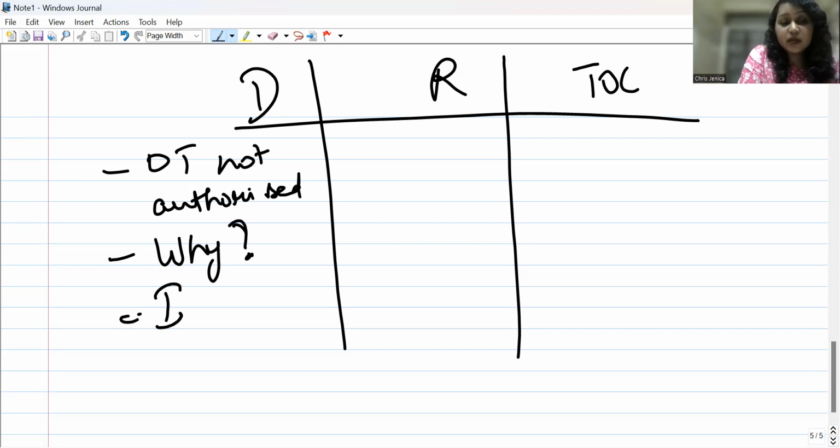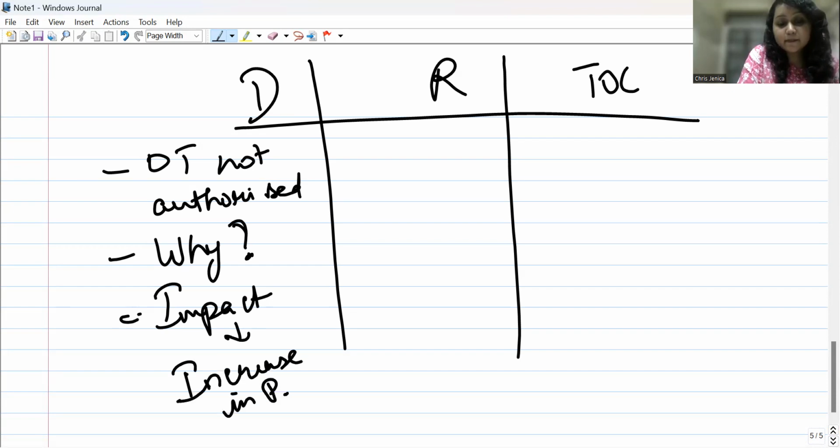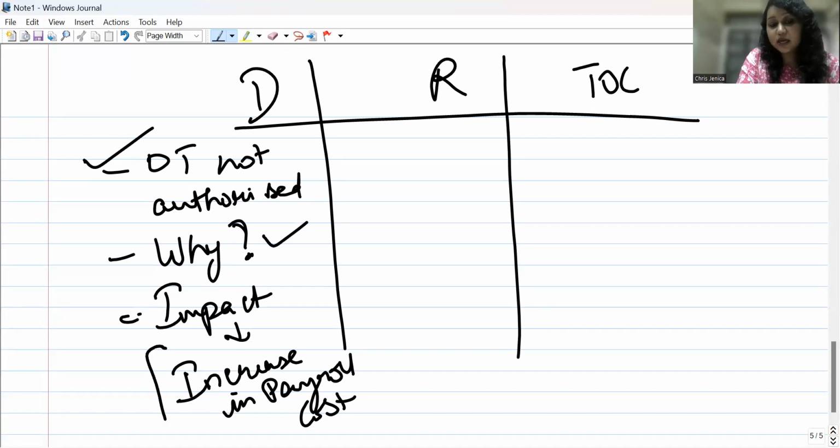So finally it's going to impact as an increase in the payroll cost. So I have listed out what is the deficiency, why it is called a deficiency, and what is the impact or an implication of it.